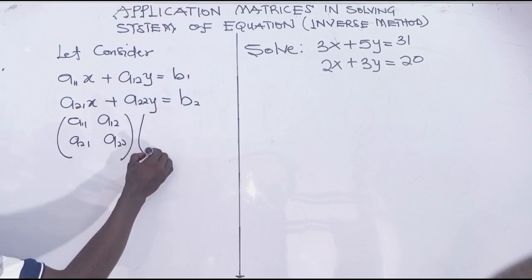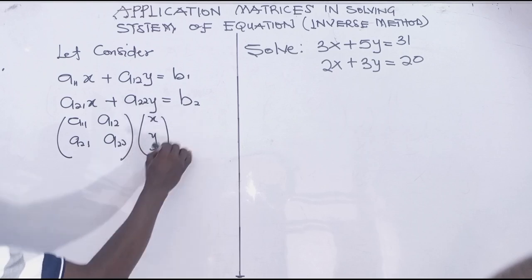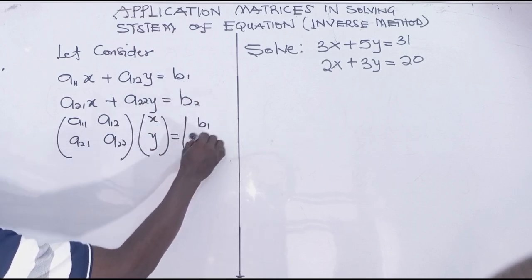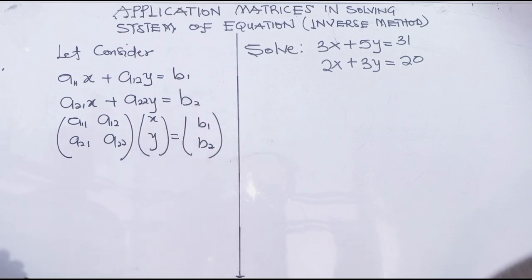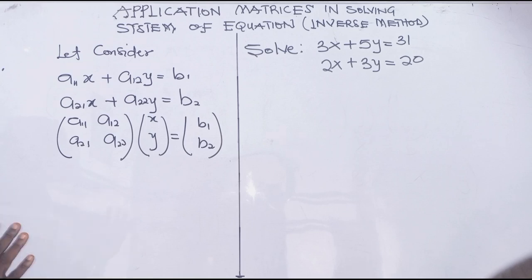Then after that, we multiply it by the variables x and then y, and this is equal to what? So this is the matrix equation for these two system of equations with two unknowns.